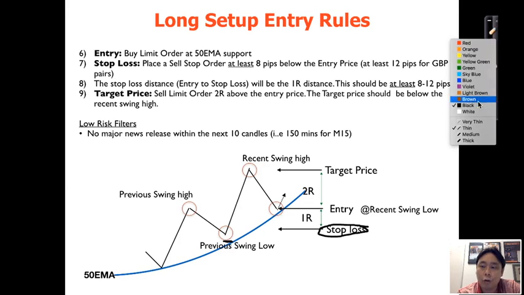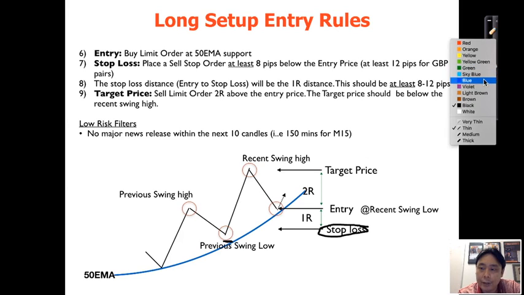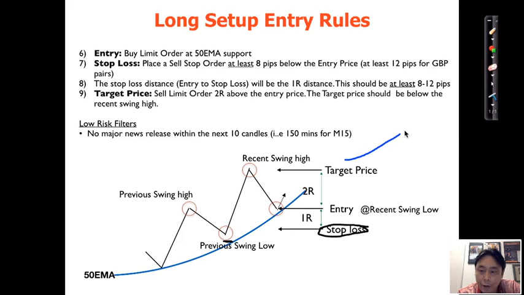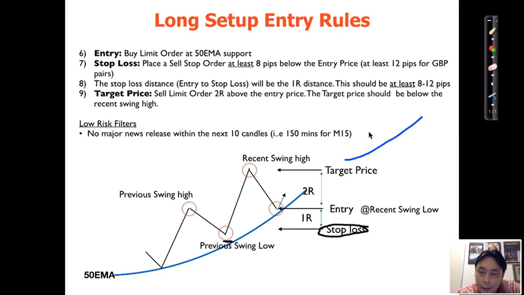So let me just draw an example. Let's imagine that this is the 50 moving average going up, and say it bounces over here, okay? And then it bounces over here like that, okay?